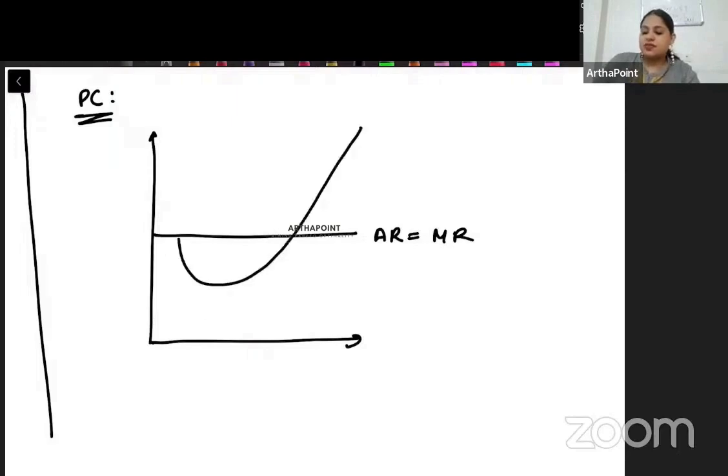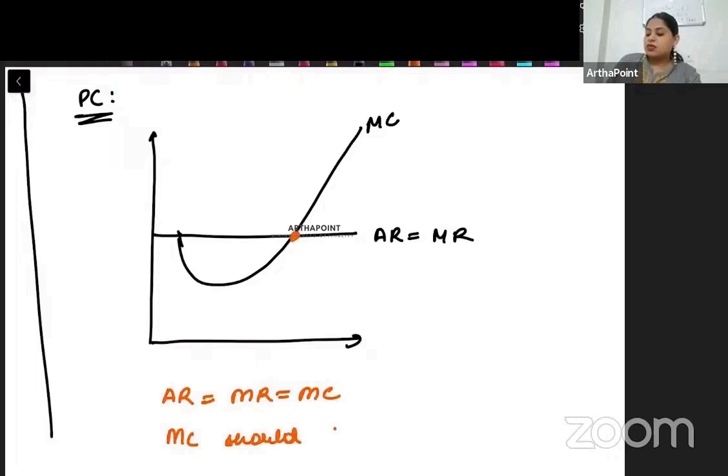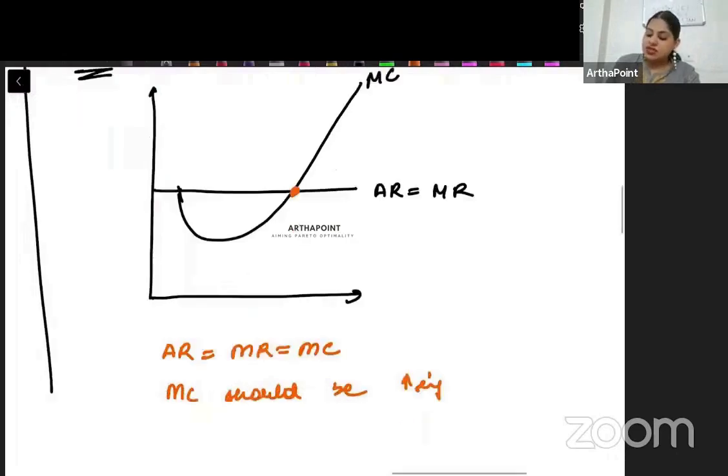This is MC. So for perfect competition, we require that AR should be equal to MR, should be equal to MC, at this point, and MC should be increasing. That means MC slope should be greater than slope of MR.